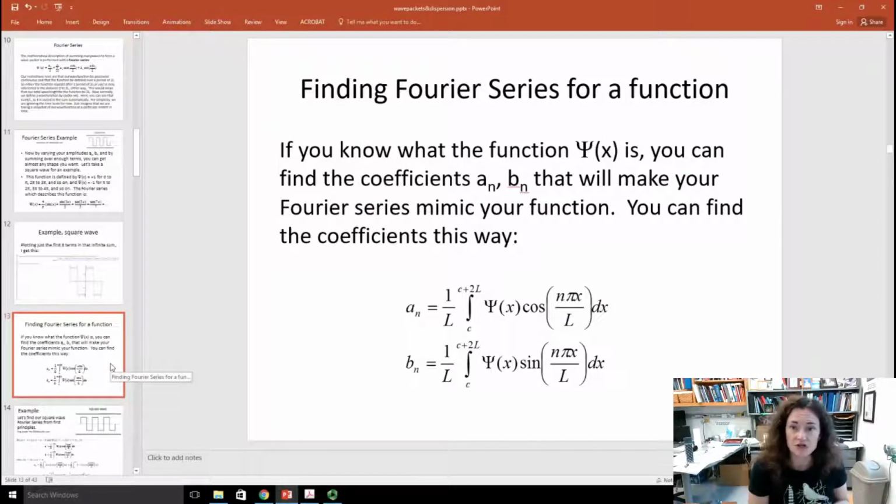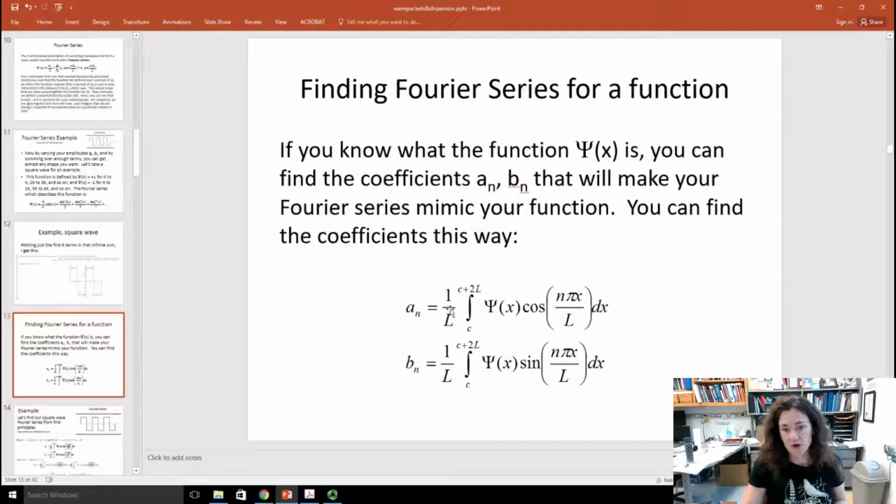Now, if you know what your function is, you can find the coefficients an and bn. Here I presented what that Fourier series was for a square wave without really explaining it. But you can find those coefficients and figure out what your Fourier series would be with pretty simple mathematics. So the formula to help solve for those coefficients an and bn in the Fourier series looks like this.